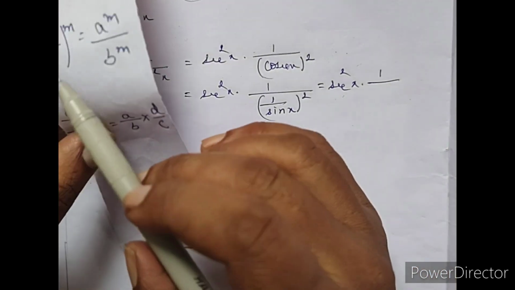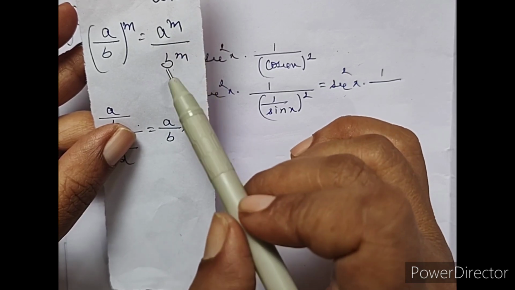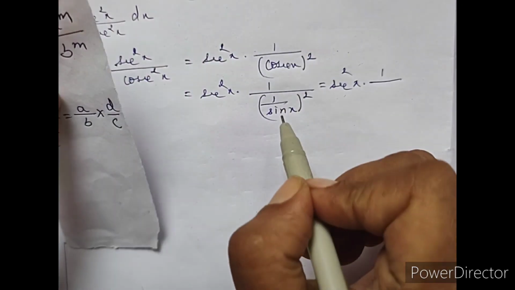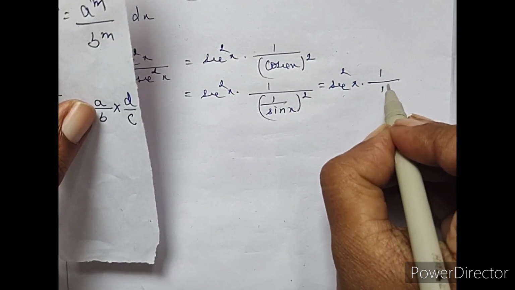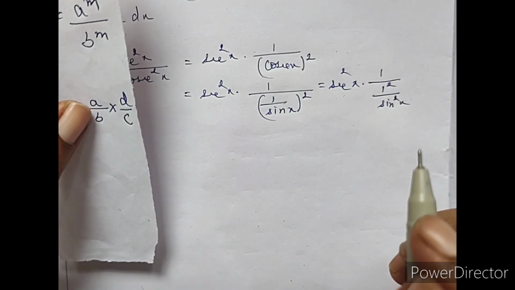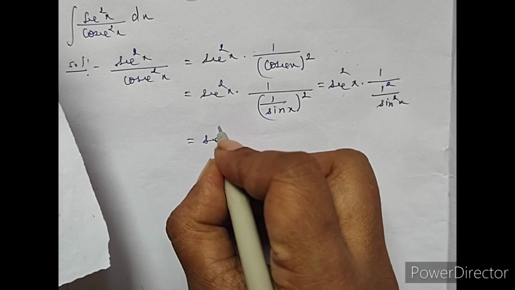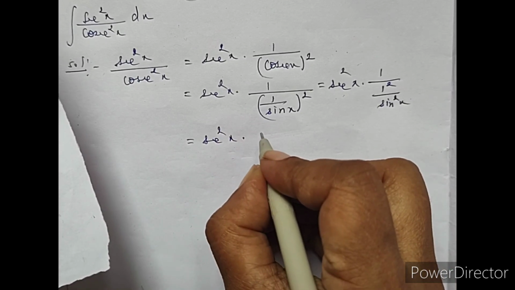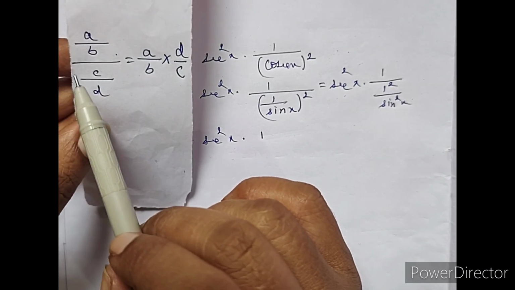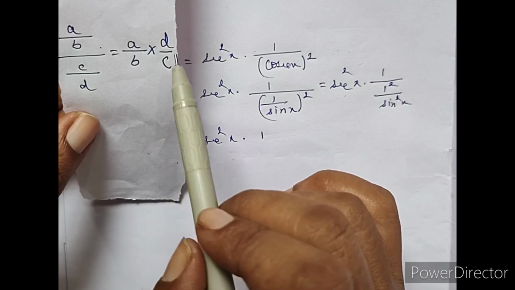According to the rule of exponent, a by b to the power of m is nothing but a to the power of m divided by b to the power of m. So using this rule, I can write 1 by sin x as 1 square divided by sin square x. Again, by the division of rational numbers, a by b divided by c by d is a by b into d by c.